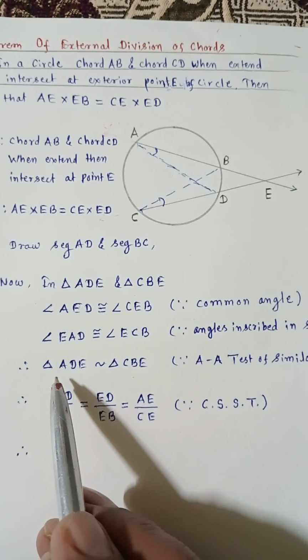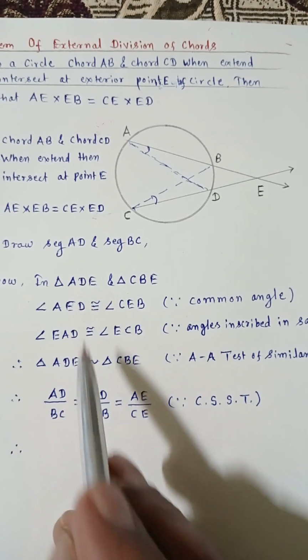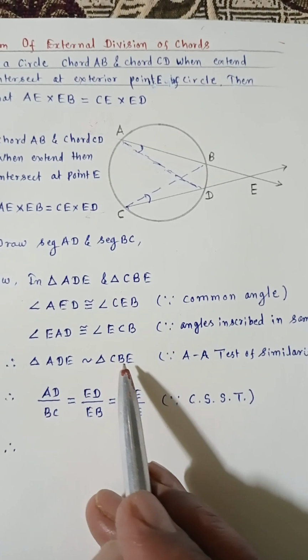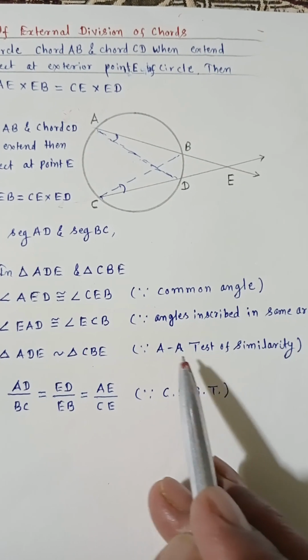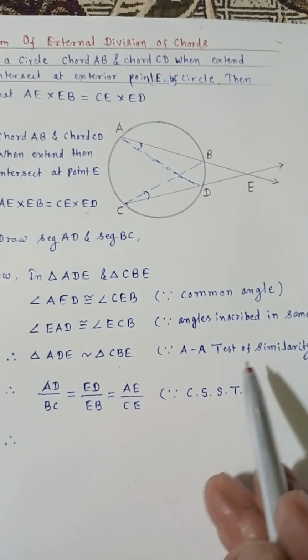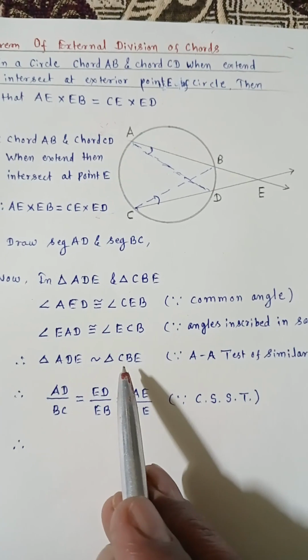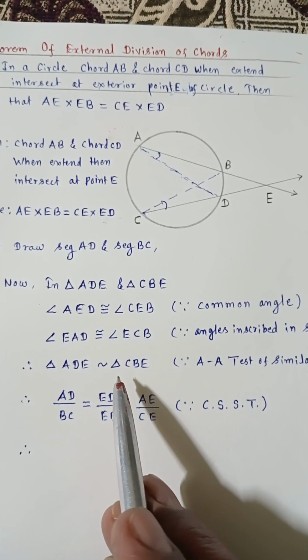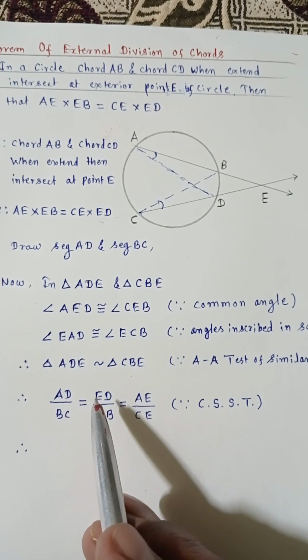Therefore, triangle ADE is similar to triangle CBE. Reason is a test of similarity. These two triangles are similar. Therefore, their corresponding sides are in proportion.